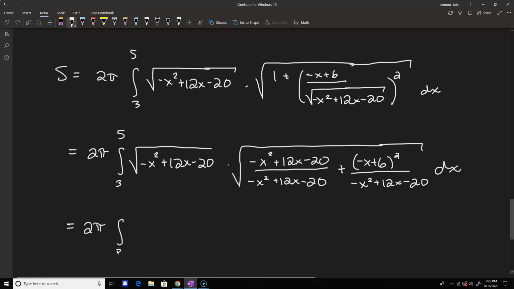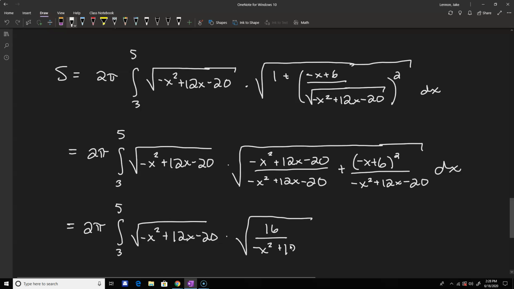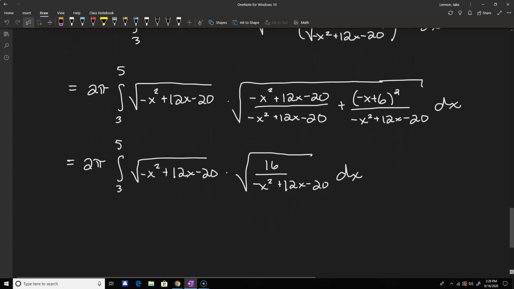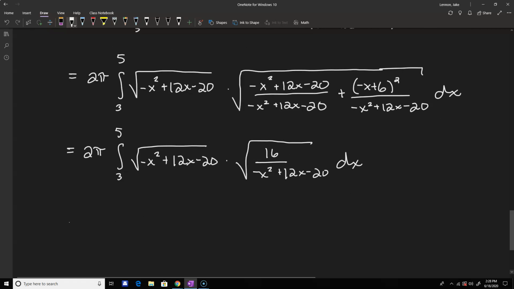So what this will end up being is 2 pi times the integral from 3 to 5 of this square root of minus x squared plus 12x minus 20. And then what we're going to have over here is the square root of 16 over minus x squared plus 12x minus 20. And we can rewrite that using the square root of the top and the square root of the bottom, and that's where we'll get that big cancellation coming from.